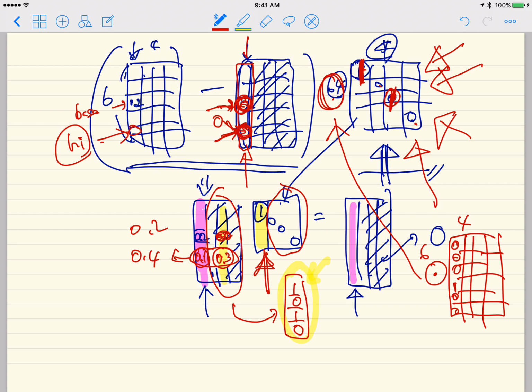Okay, so that way we can think of this masking by using element-wise multiplication.